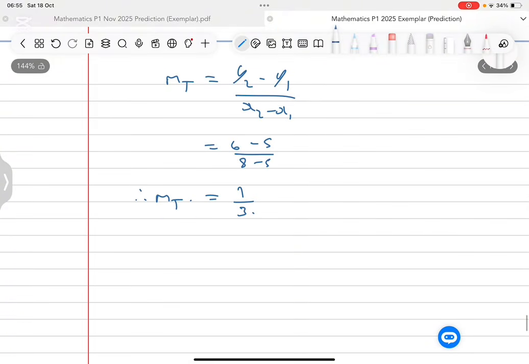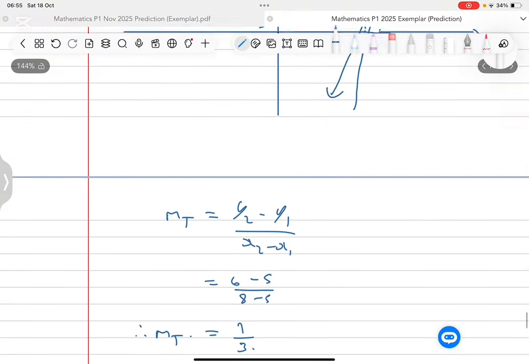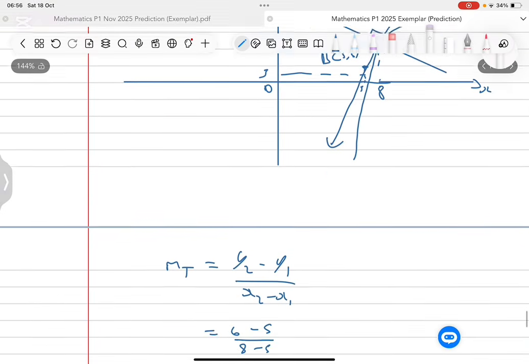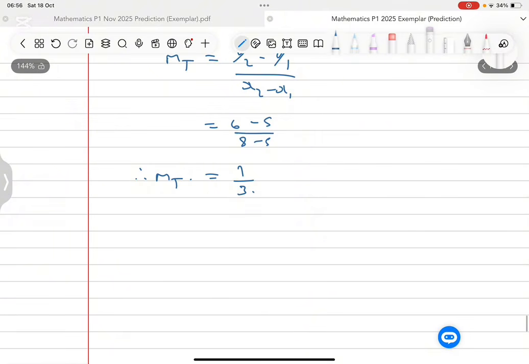However, we know that if two lines are perpendicular, or they're normal to each other, you know, they make a 90-degree angle there, the product of their gradients is equal to minus 1. So this is to say the gradient of the tangent times the gradient of the normal line, the perpendicular line, is going to be negative 1.